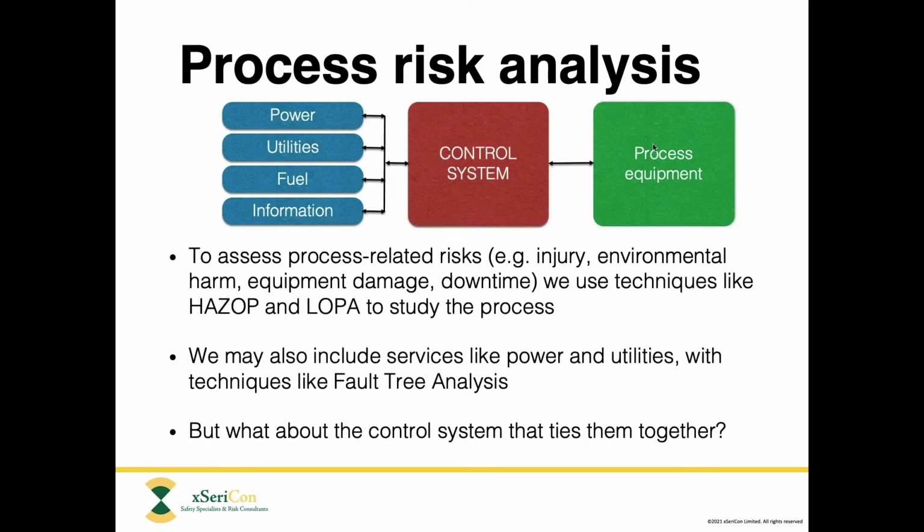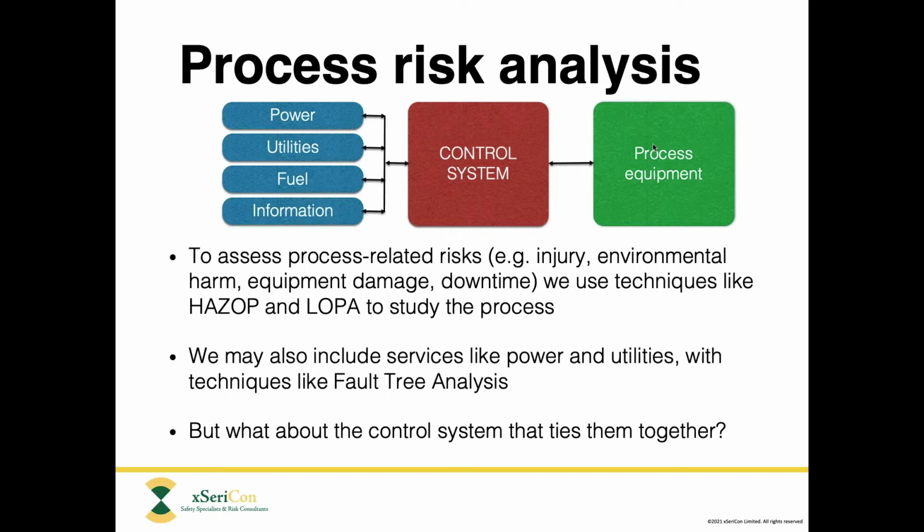The background to this is, if you think about how we will normally do process hazard analysis on one of our processes, we tend to look in quite a lot of detail at the potential upsets with the process equipment itself, which is what you can see in the green box on this slide. And we will do a pretty rigorous HAZOP study looking at failures, misoperations, malfunctions, unexpected behaviors of process equipment.